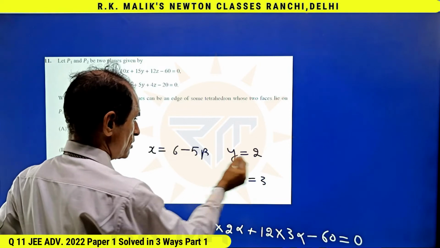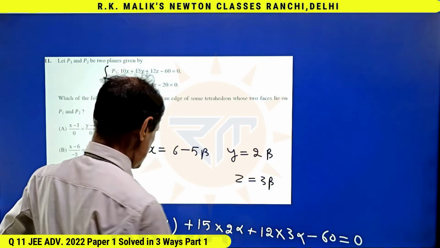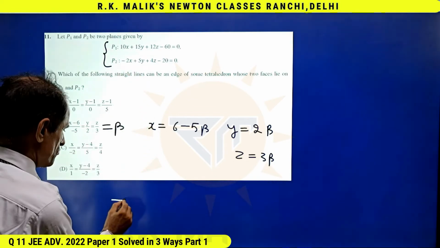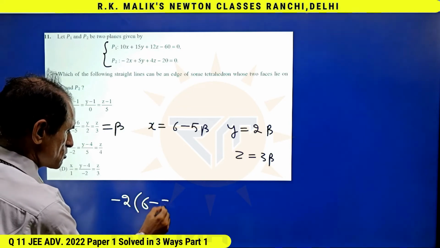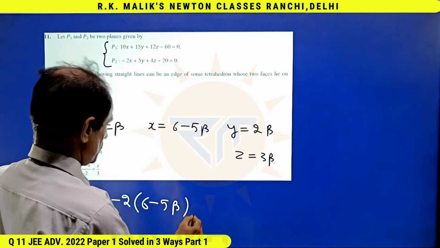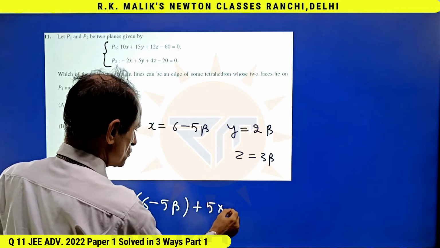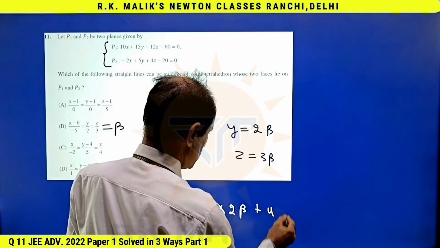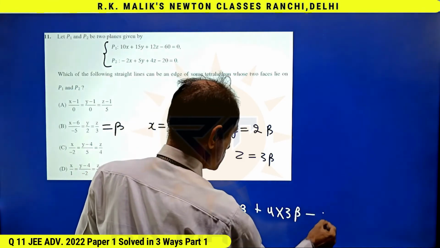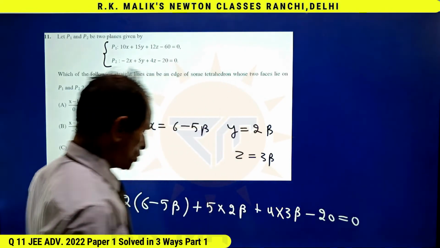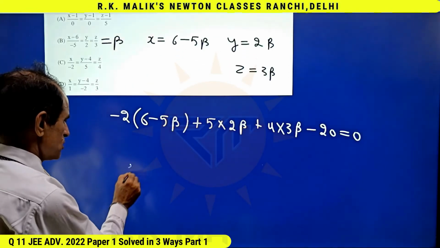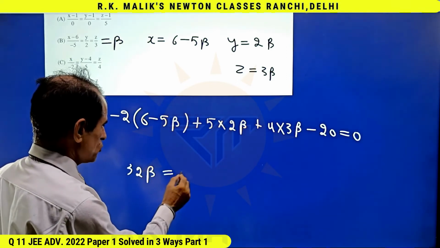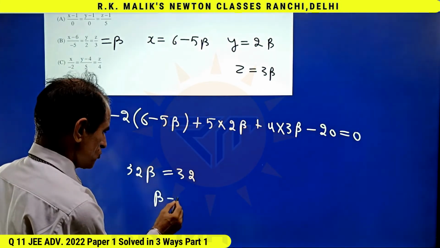Now putting this point in this plane, minus 2 into (6 minus 5 beta) plus 5 into 2 beta plus 4 into 3 beta minus 20 equal to 0. That is 32 beta equal to 32. That is beta equal to 1.